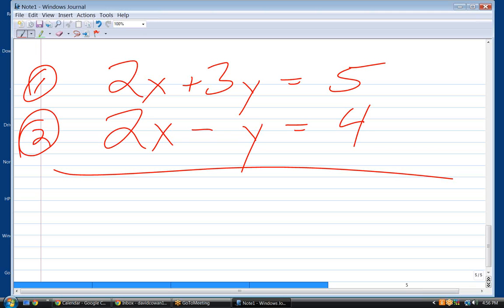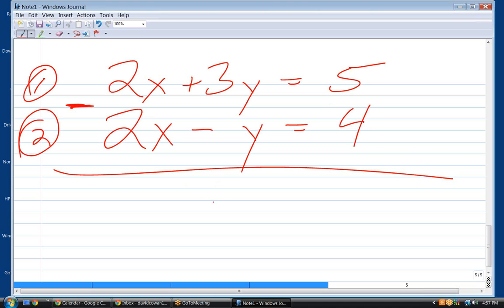I'm subtracting them now. Okay, I'm sorry. In other words, I'm going to put a big subtraction sign there. So I'm going to subtract this term from this term, I'm going to subtract this term from this term, and I'm going to subtract this number from this number. Okay, so you would have 0 x's.